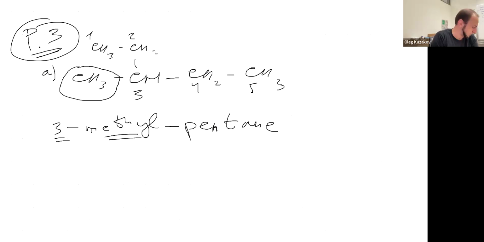All right, so now another example. That will be a little bit more evolved. Let's take a look at this guy. So we have here the structure, which looks like this. By the way, we're going to use here the condensed formula, right?